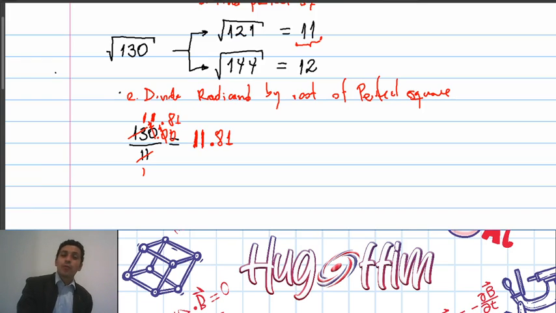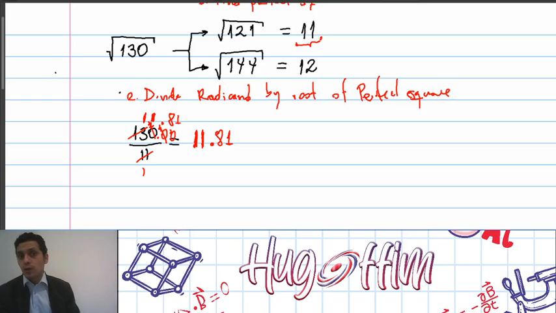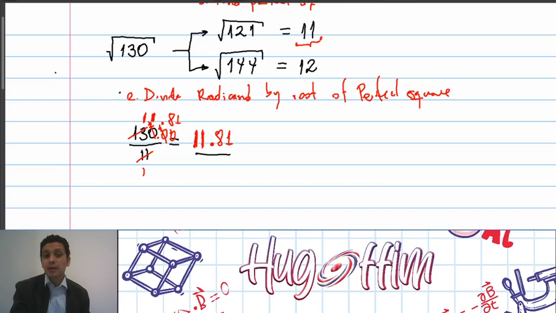Okay, so I performed the division between 130 and 11 and it gives me 11.81. Now I'm going to do an average, to find the midpoint between 11 and 11.81, to find my estimation.